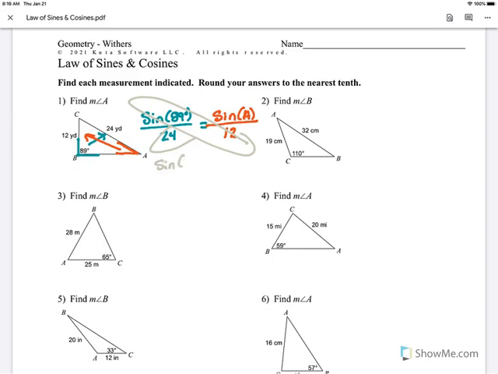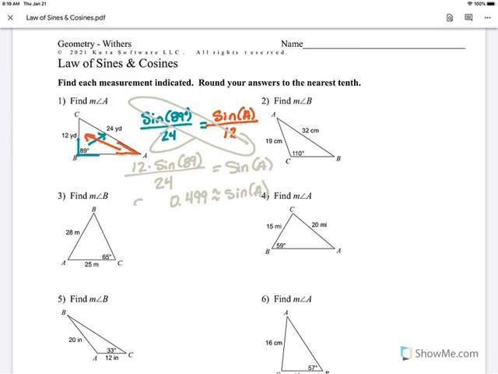So the sine of 89 times 12 over 24 is going to equal the sine of A, right? This is one of those ones where we're going to have to do the inverse afterwards. So type in 12 times the sine of 89 divided by 24 first. Okay, so you should have gotten 0.499, kind of repeating, is approximately the sine of A. There's one step we have left though.